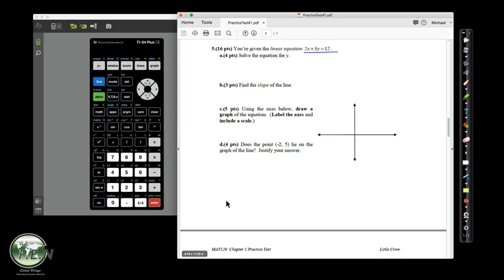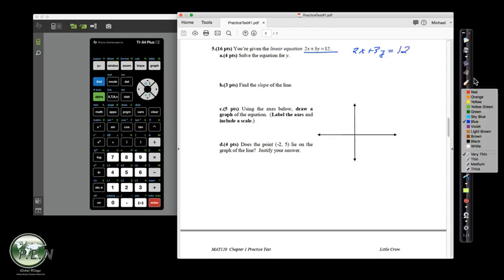2x plus 3y equals 12, so we were asked to solve it for y. Okay, so what we're going to do is, I guess the first part we'll do over here, write it out, 2x plus 3y equals 12.